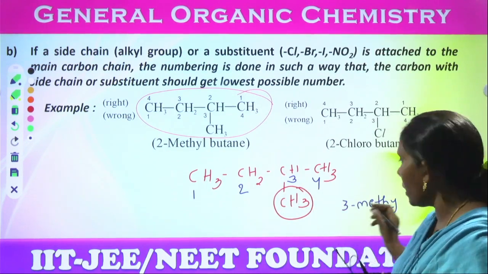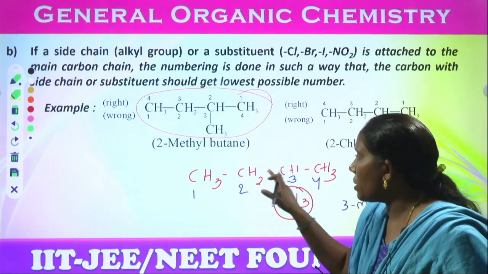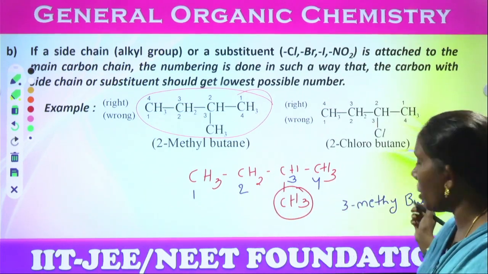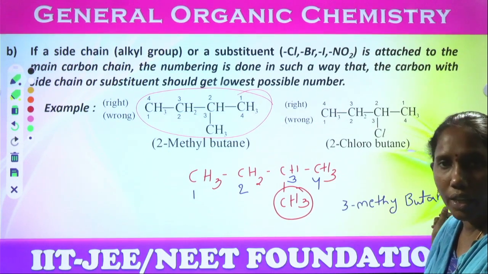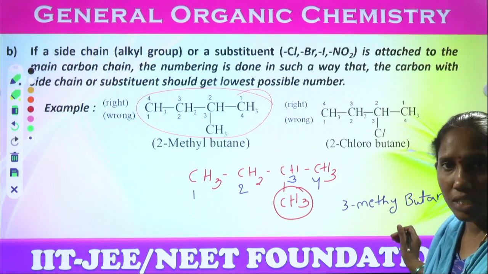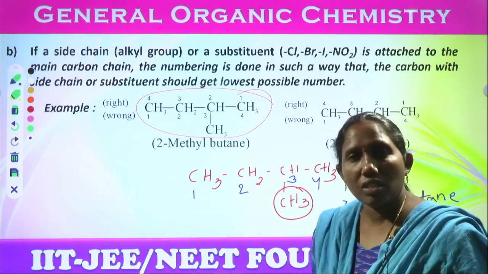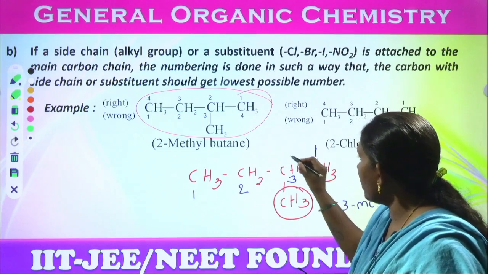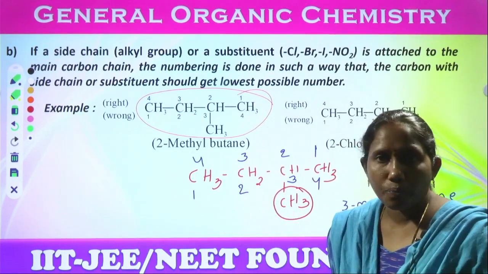There are 4 carbons, so the root word is but. All are single bonds between carbon and carbon, so the primary suffix is ane. 3-methylbutane, right? This is the first possibility. Suppose you choose the numbering from this side, 1, 2, 3 and 4.